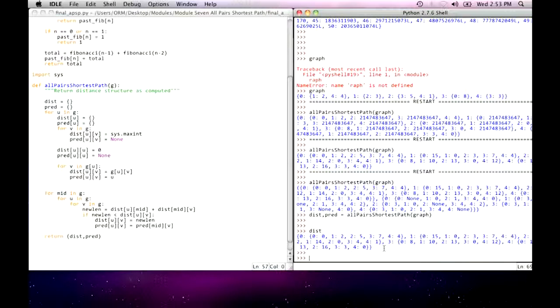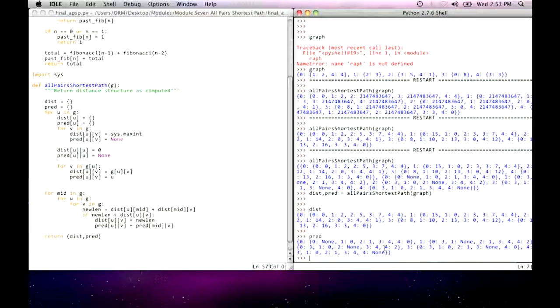That demonstrates there are no more infinities there, and I can make it from every vertex to every other vertex, and I've recorded what I believe are the lowest costs. Predecessor has a number of potential interesting things here. It has a lot of nones, but don't forget, you need to have the nones every time you have a diagonal entry in the matrix. So there should be 5 of them for every one of the entries.